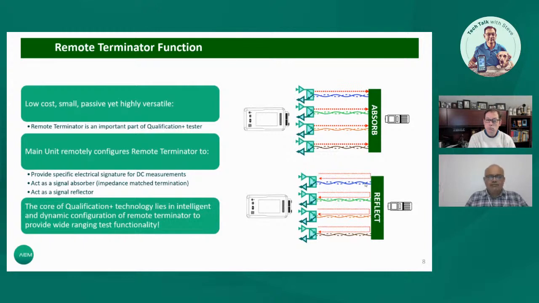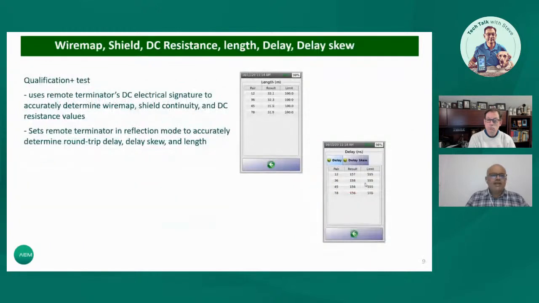Okay. With that, maybe I can also give some idea about how various different tests are done, for example the wire map, DC resistance, shield, length, delay, and delay skew. As I earlier mentioned, the terminator contains a DC electrical signature. In fact, it can contain slightly varying signatures. We have terminator number 1 through 8.